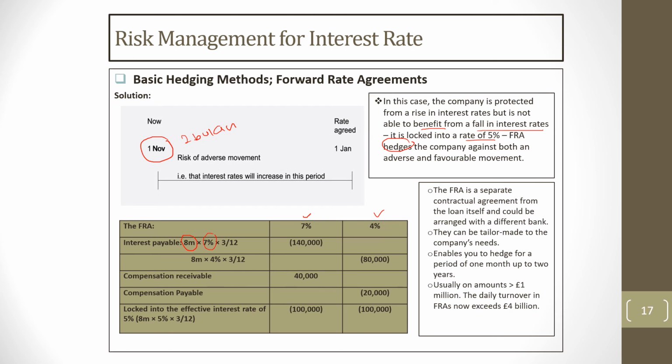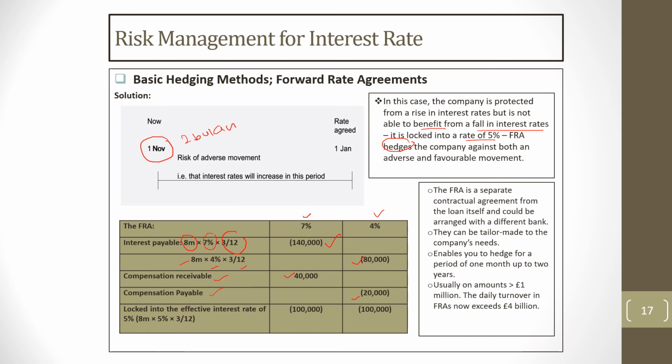So that's why we calculate as 3/12. The same goes for 4%. So you will get 140,000 and 80,000. The compensation receivable is 40,000 and the compensation payable is 20,000.